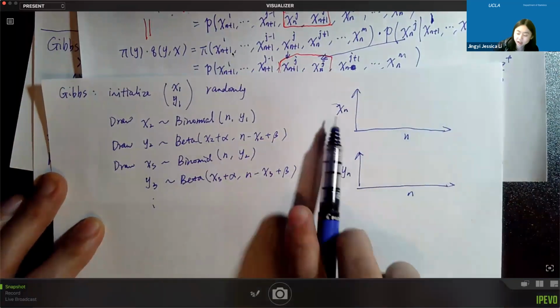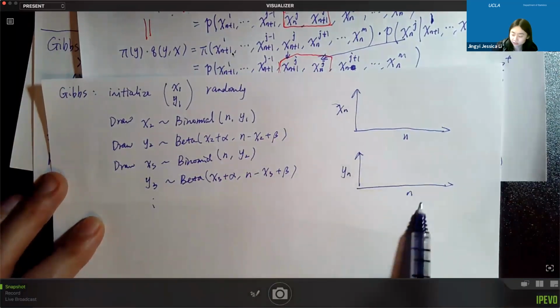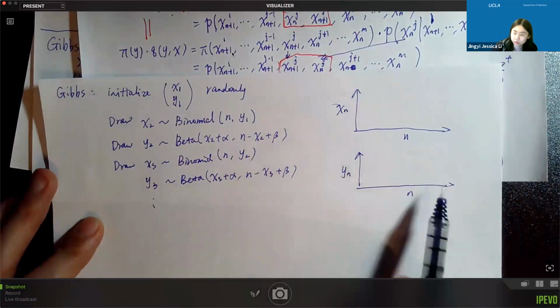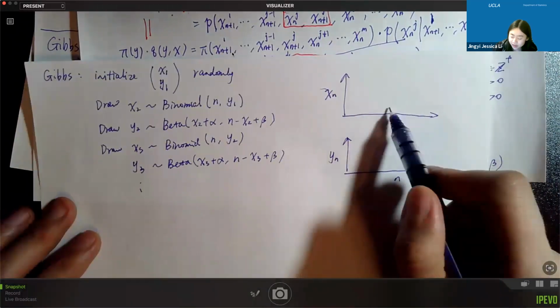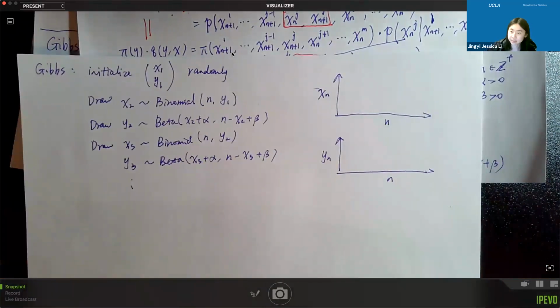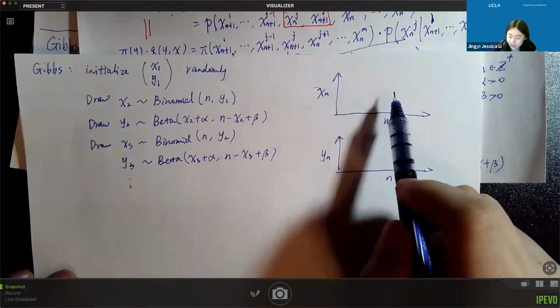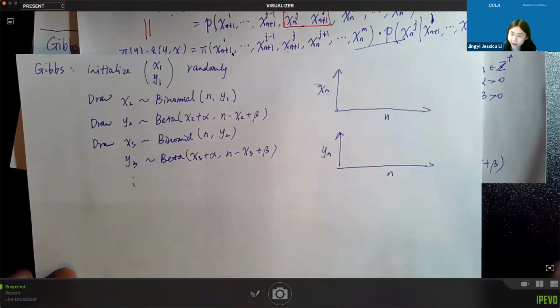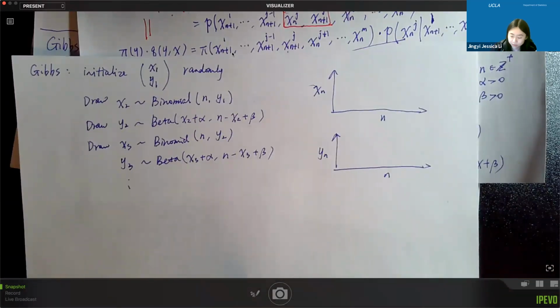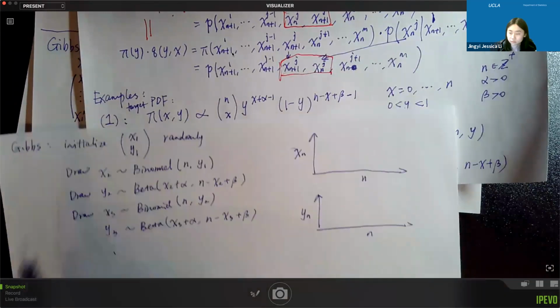So you can see how the values you draw change as your iteration goes, as you grow your Markov chain. If you see that the values are alternating at a steady state, which means that your chain has entered equilibrium, then you can pick the values after that for your x and y. That will be the sample you draw from this target density.